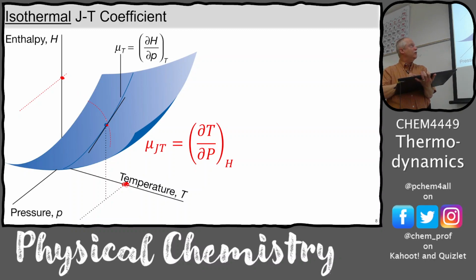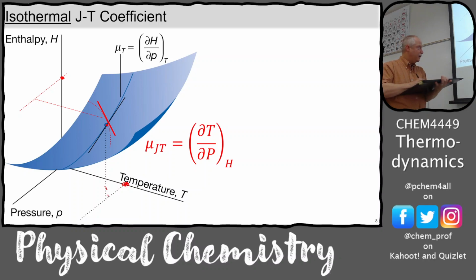It's kind of like a contour line on that curved surface. And so as pressure changes, we're going to get the slope of this line right here at constant enthalpy. Let me see if I drew it down here. Yeah, so in a two-dimensional plot, it would be this slope right here.